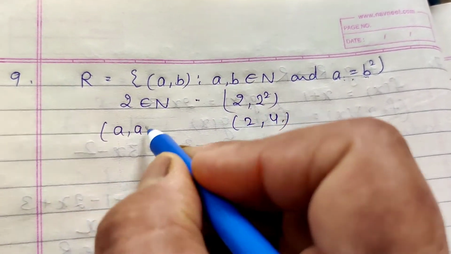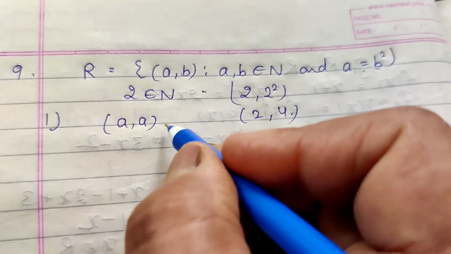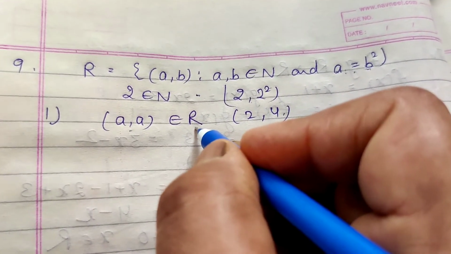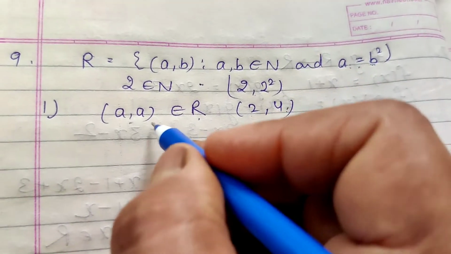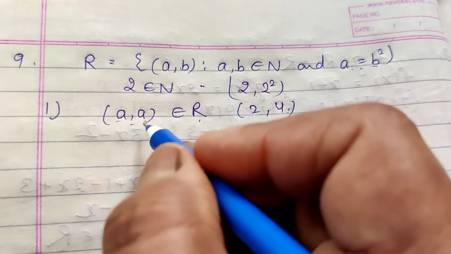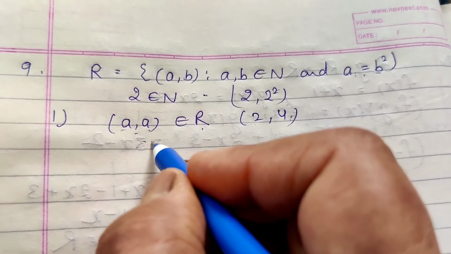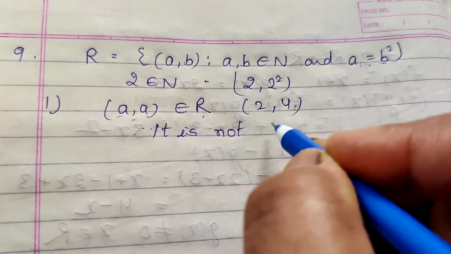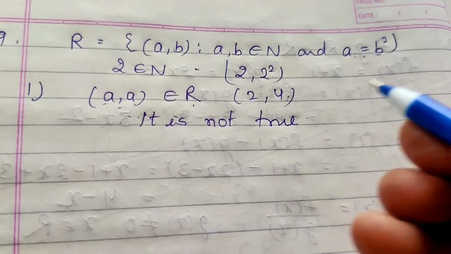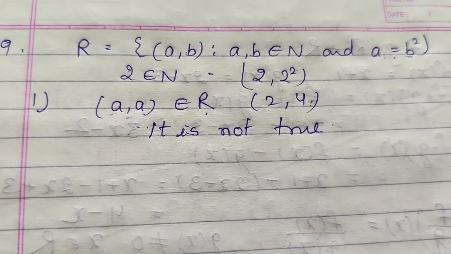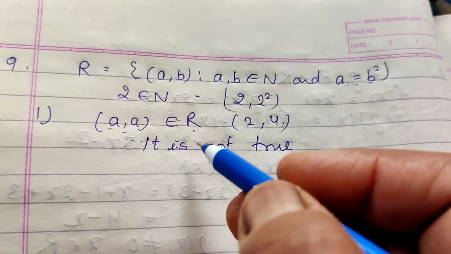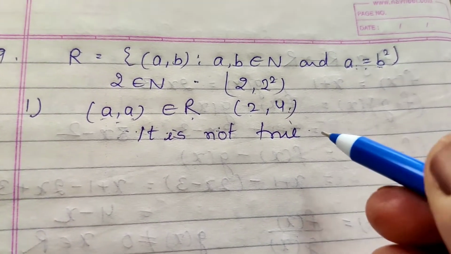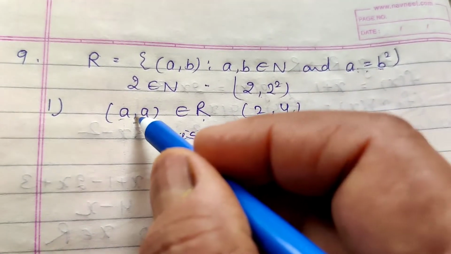The first statement says (a, a) belongs to R for all natural numbers, but here it is 2 and 4, not the same number, so it is not true for all natural numbers. Only for 1 it is true.